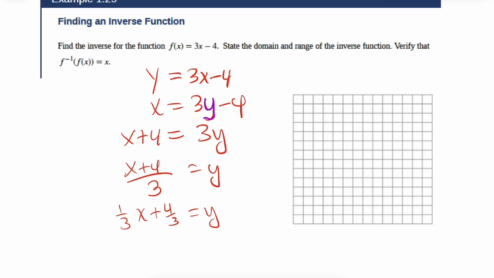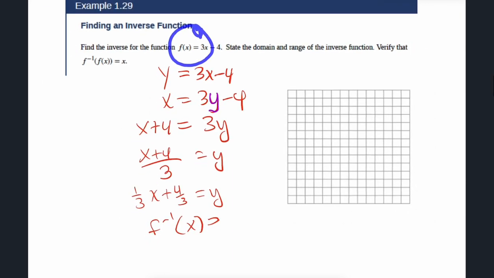And when you're done, you're not done until you've put it in inverse notation. So let's do that. For our final answer, just check your function. It was f, so we're going to write it with that little f on it. If it was a g, we'd go with whatever it happens to be. So our inverse is 1/3 x plus 4/3.